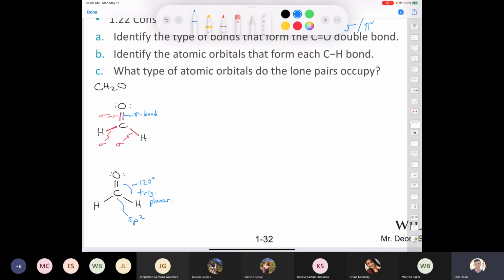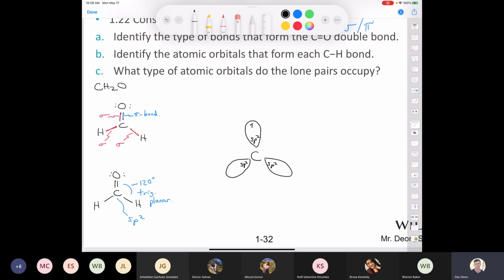Okay. Now, it says identify the atomic orbitals that form each carbon-hydrogen bond. Well, if my carbon is sp2 hybridized, that means it's going to have 3 sp2 orbitals. So it's going to have an sp2 orbital like this, another sp2 orbital like this, and a third sp2 orbital like this.